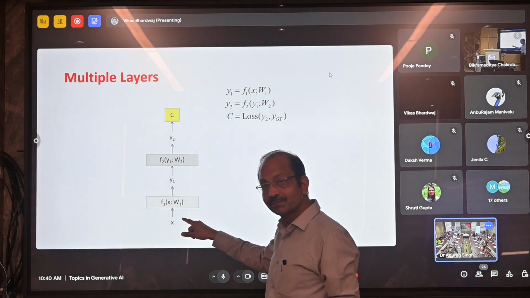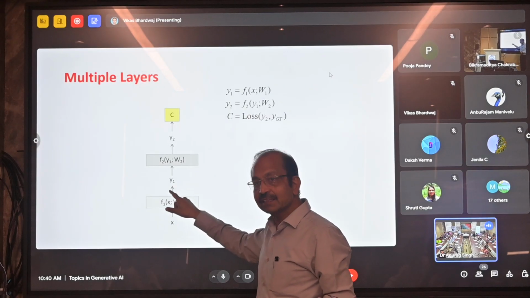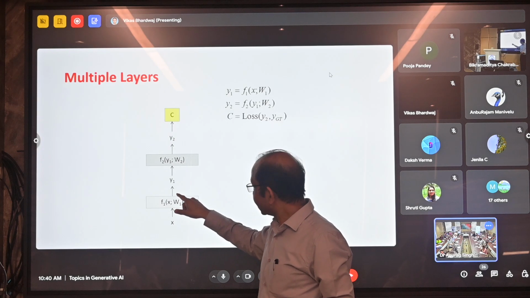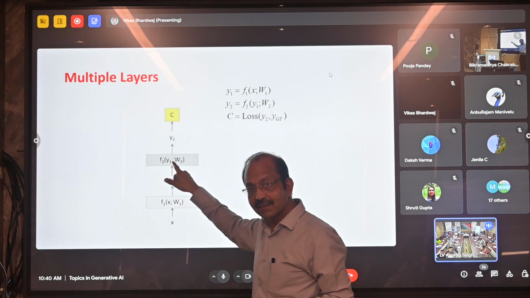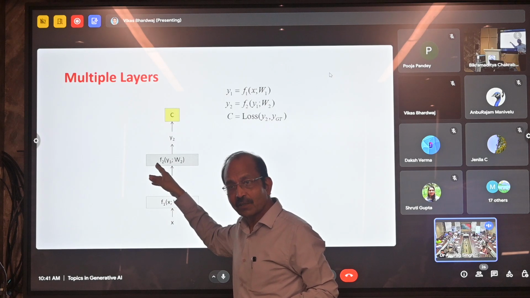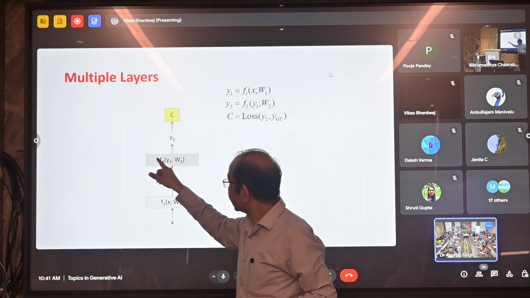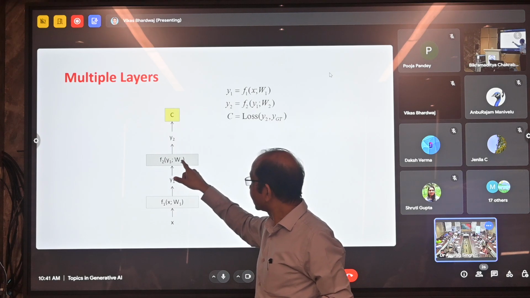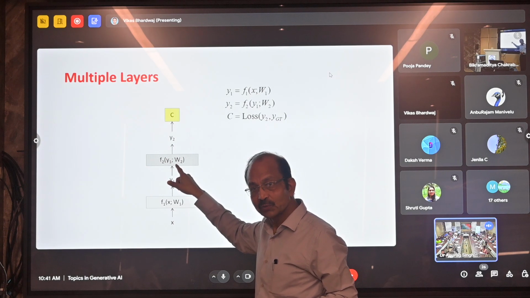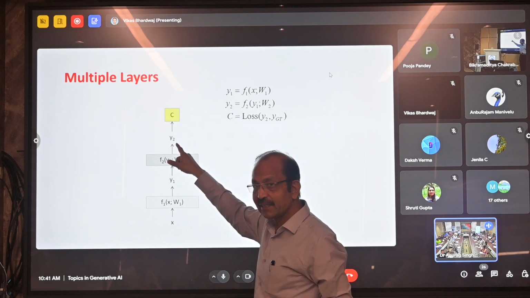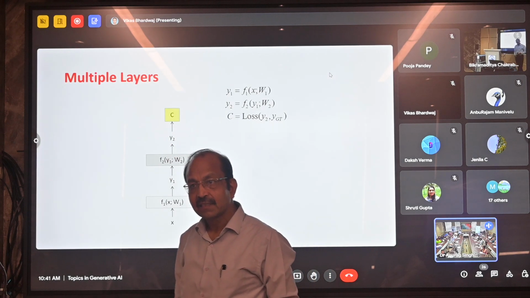You have input, and this network is described by weight W1. The output is Y1. Now this Y1 goes here, and some input is also coming from the previous time stamp that will be utilized for computing Y2. But the weight here is given by W2. Now based on this Y2 and the ground truth, you will be able to compute the loss.